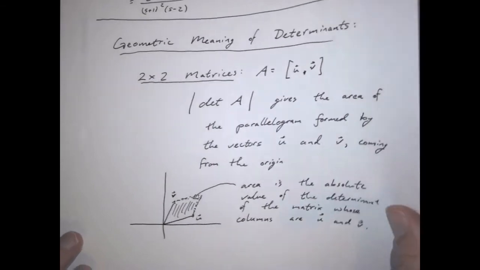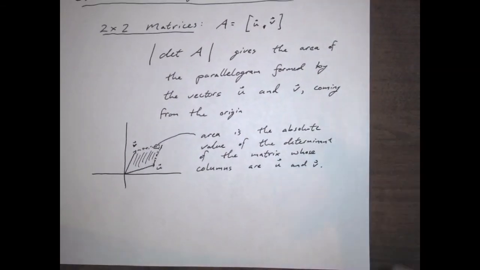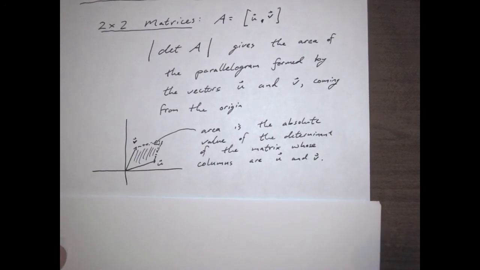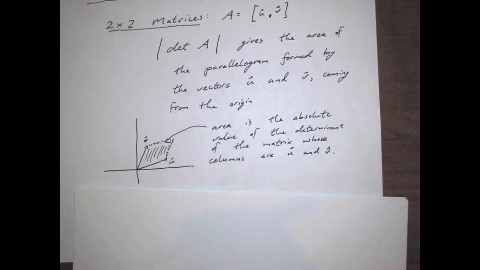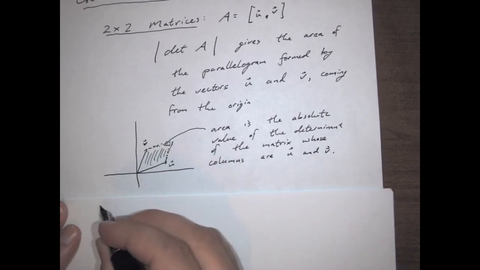But if it's 3 by 3, then we have to move up one dimension, and so we're no longer talking about an area, but now we're talking about a volume. So 3 by 3 matrices.